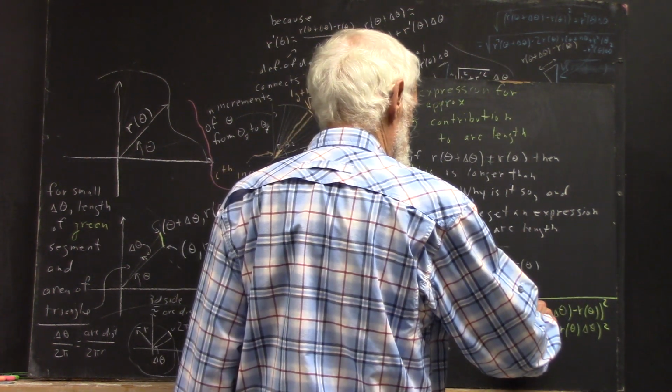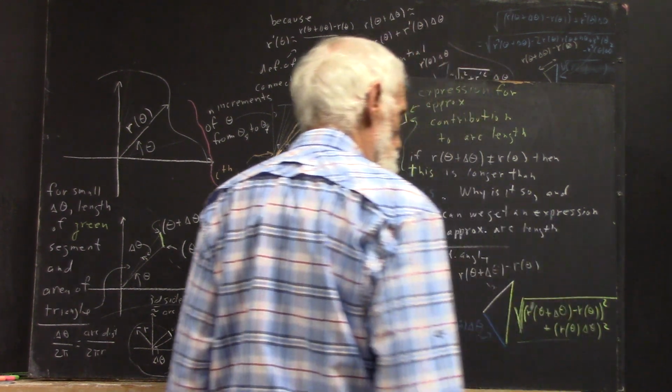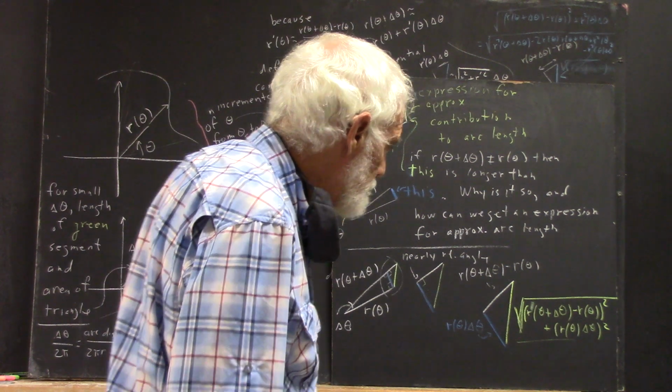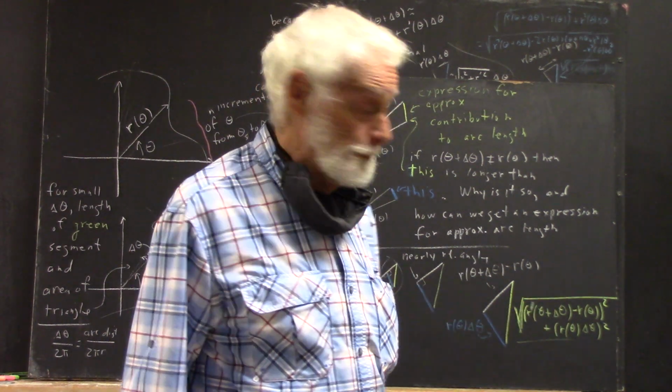Square root of all this. Just let that square root sign go down far enough that it covers everything, okay? Okay, well, can you expand the square and simplify this as much as possible?